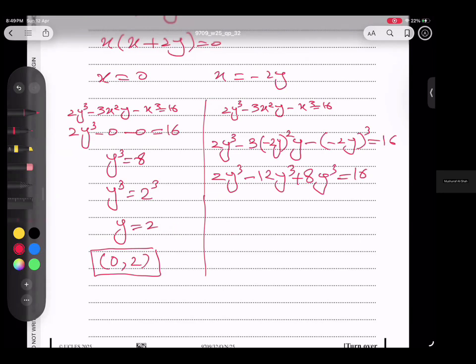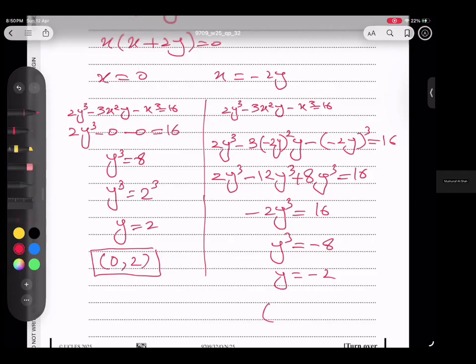Then ultimately 8 plus 2, 10, and I got negative 2y cube equal to 16. So y cube is equal to negative 8, and the cube root becomes negative 2.